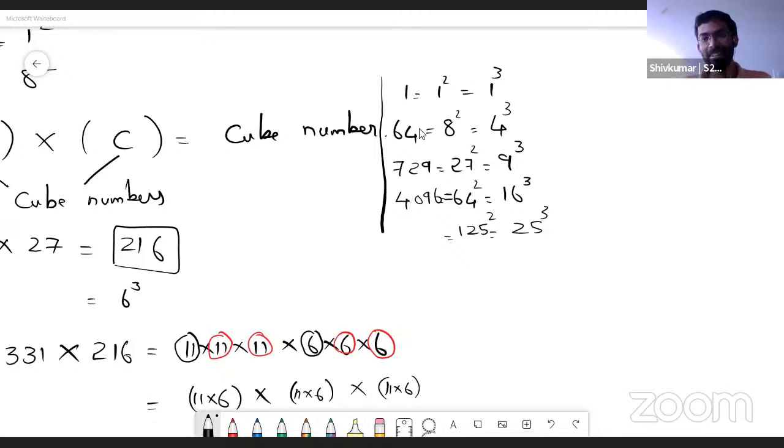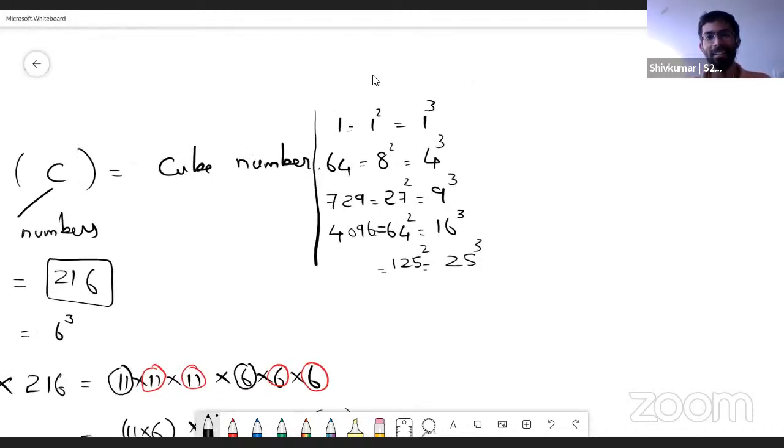Using the law of exponents, any a to the power of m whole to the power of n, we'll be multiplying those powers. In this example we'll get 3 into 2, 6, so 4 to the power of 6.